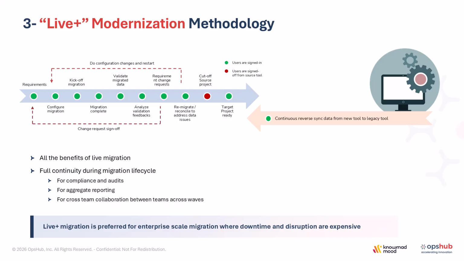So this way there's no disruption in collaboration and the collaboration can continue seamlessly while teams are cutting over and changing from legacy tool to the modern tools. And full traceability is maintained.